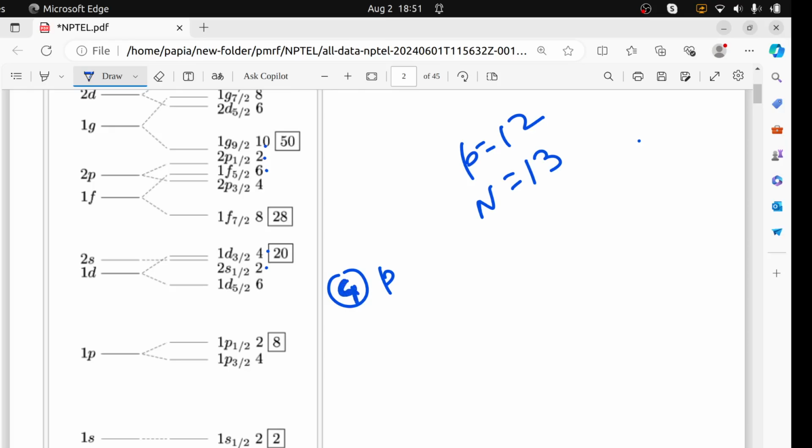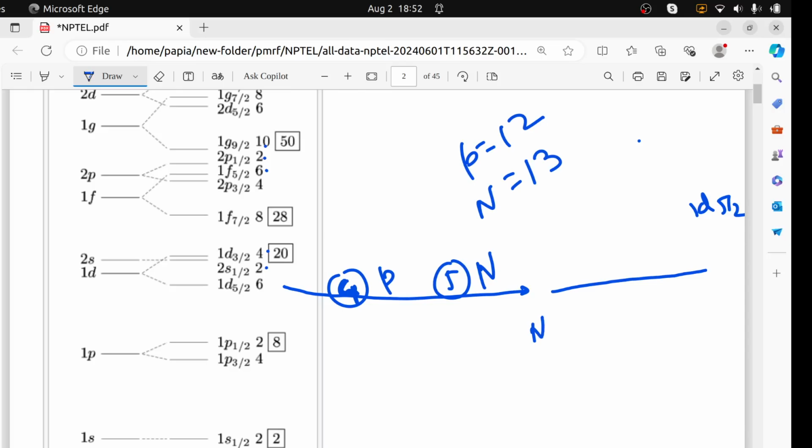For proton there will be 4, but for neutron there will be 5 for the ground state, right? So let me write here, I am just drawing here. Okay, so this is 1d 5/2. For the neutron case, 5 neutrons will be there. So how will it come? It will come like that, and 1 will be there for the ground state.